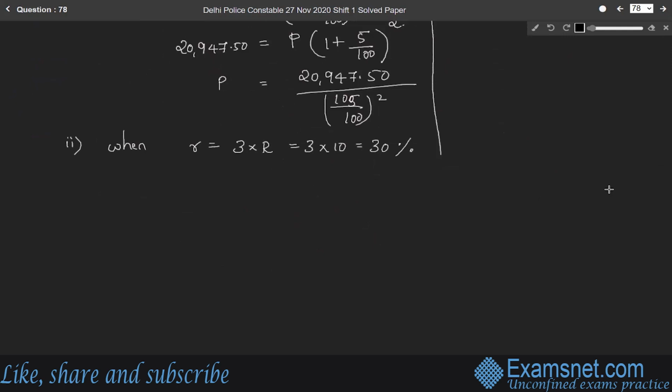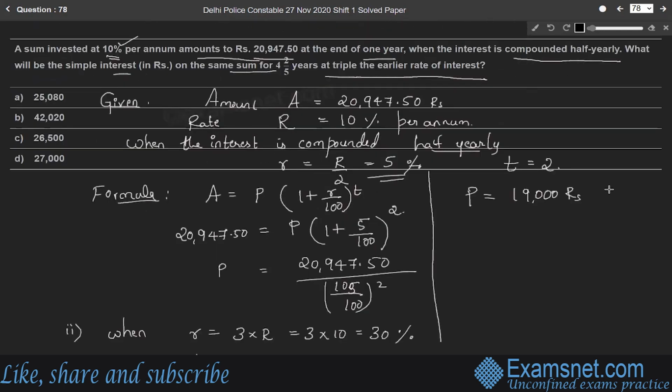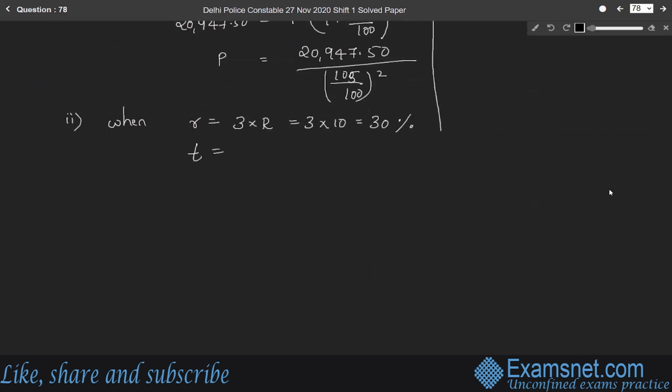Rate of interest is 30%. Then time period, according to the question, it is 4 integer 2 by 5, which is 22 by 5 years, right?